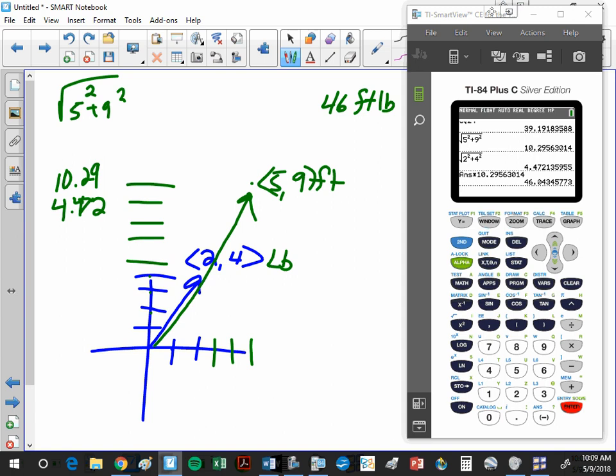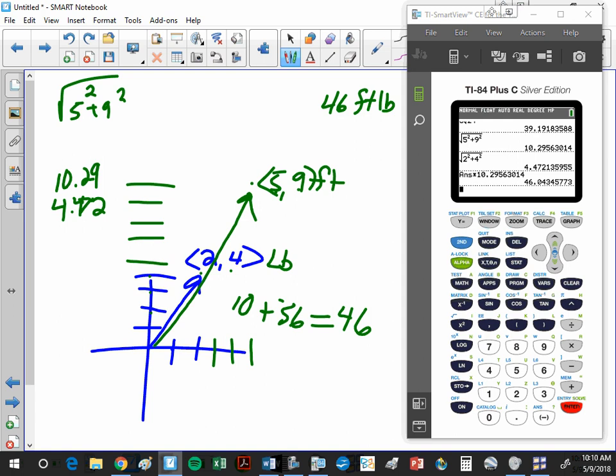So when I take the dot product of them, 5 times 2 is 10, plus 9 times 4 is 36, and I got exactly 46 instead of 46.04. So the reason I didn't get 46.043 is those vectors are not exactly in the same direction. Okay.